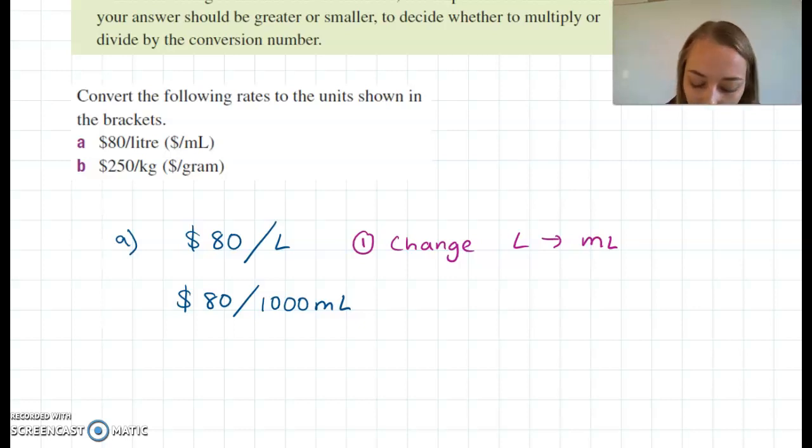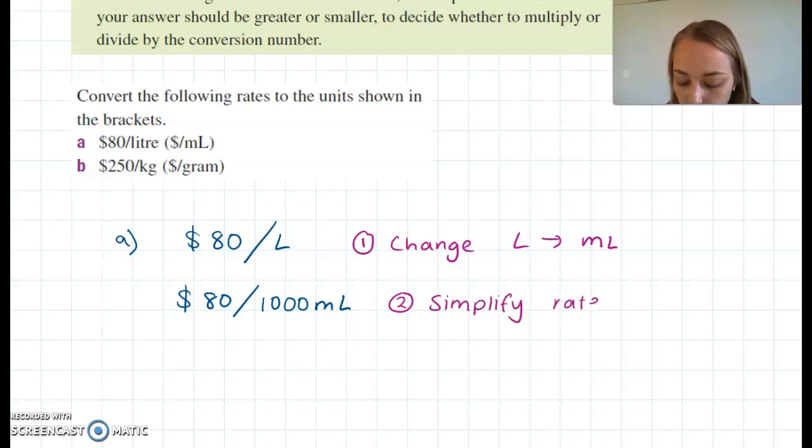Okay, now I'm ready to simplify the rate. So step 2 is to simplify the rate. And remember, to do that, we need to divide both sides by whatever is the second number. So we're going to divide both sides by 1,000 in this case. Now, your trick for dividing by 1,000, which hopefully you can do in your head, is that there are 3 zeros there.